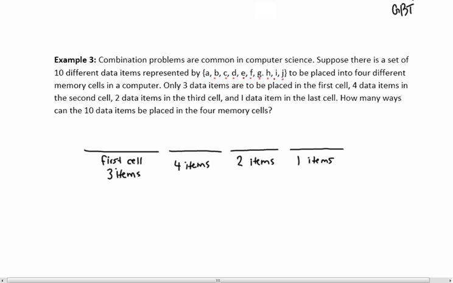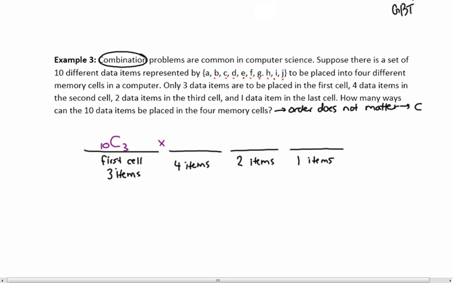So inside this, we're talking about a combination problem, okay? Inside the cells, the order does not matter. So it's a combination. So we start with the first, okay? In the very beginning, when we first want to put 3 of these letters, we have a total of 10 different, and we want to choose 3, because order doesn't matter.